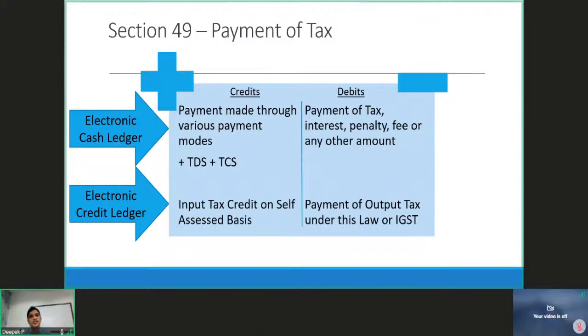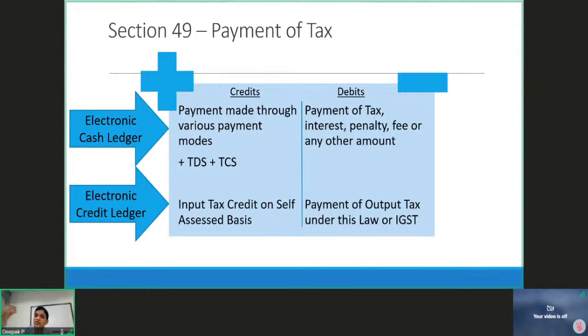Similarly, when I make a sale of say 1 lakh rupees with GST of 18%, 1,18,000 is the sale, I have to collect from him 1,18,000. Now instead of paying 1,18,000 to me, he will deduct some portion as TDS. Say 1% is the TDS.